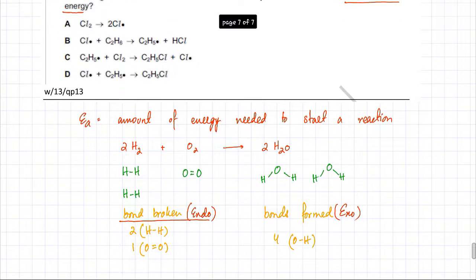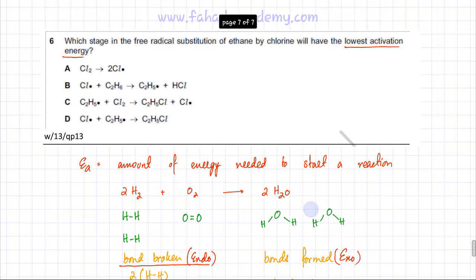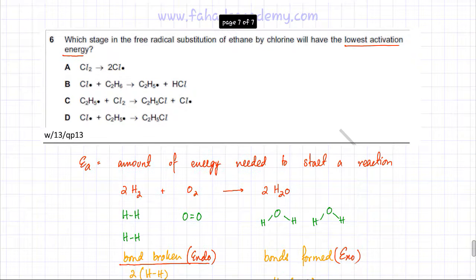Now we're going to go to the options and check each one by one. In the first option, a Cl2 molecule is converted into two Cl atoms. The dot represents an unpaired electron, so don't get confused by it. A single dot represents a free radical, meaning the atom has incomplete bonds.